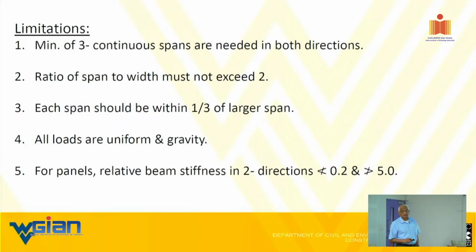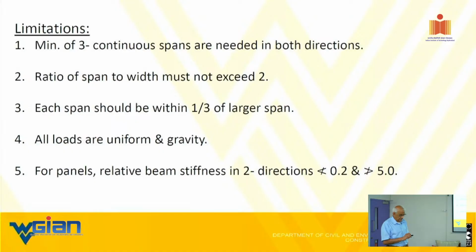Here are the limitations. And the third thing is about the stiffness. Always it is related to the stiffness. Remember, for isotropic material, we said the A over B ratio is 0.5 to 2. But that's under the assumption that my stiffnesses in two different directions are same. What if they are not same?